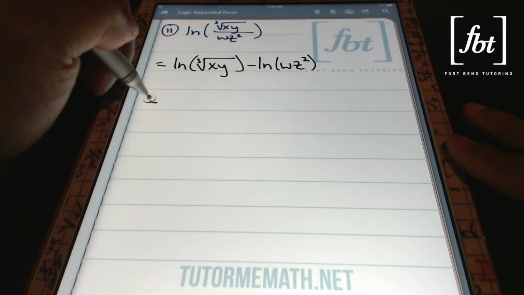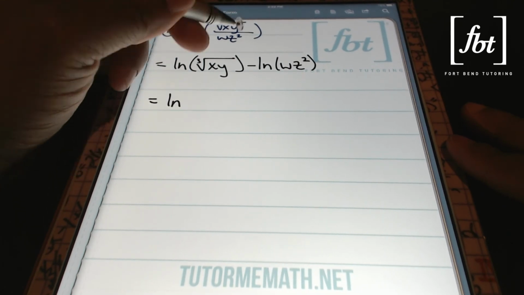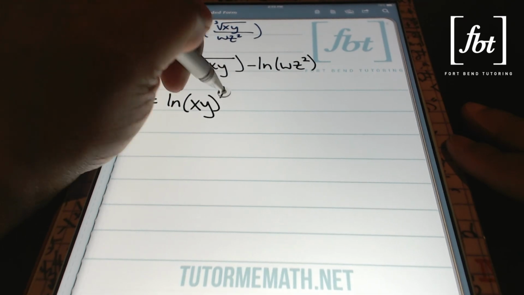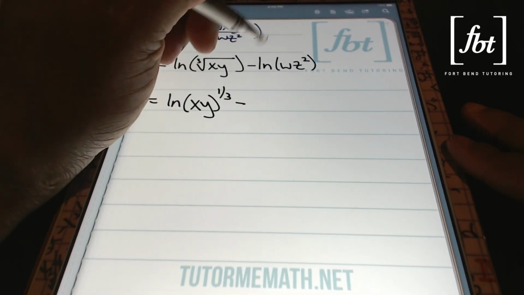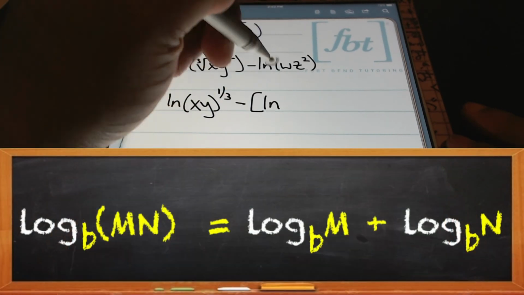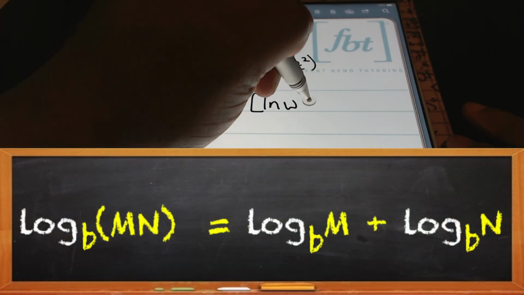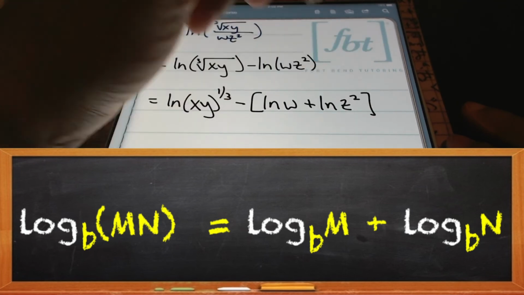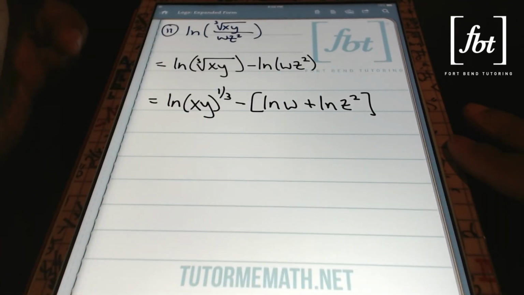From here, we'll go ahead and rewrite the first term as the natural log of xy raised to the 1/3 power. Then with the second term, I'm going to expand this using the product rule. So we'll have the natural log of w plus the natural log of z squared. Notice how I left that minus sign on the outside of the brackets there so that I can properly distribute it later in the problem.